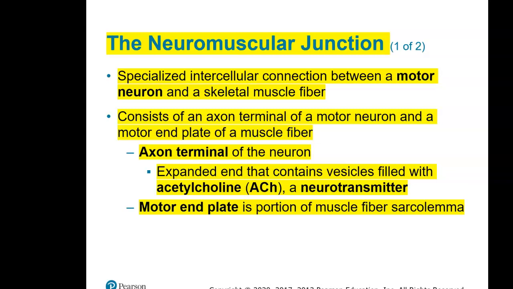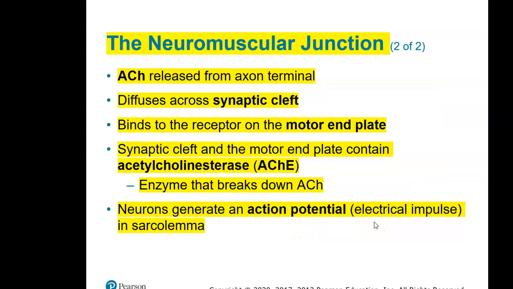So we just call it the motor end plate. The axon terminal of the neuron contains vesicles filled with a neurotransmitter called acetylcholine, or ACH. And that is going to be the stimulus for the muscle fiber contraction. The motor end plate is the portion of the muscle fiber sarcolemma.